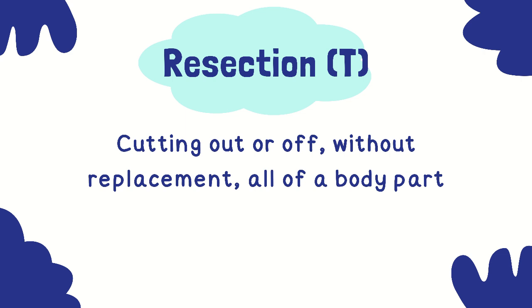So take a look at that, because you heard me say that a lobectomy of a lung could be a resection. And so if that whole body part is taken out, that is a resection. So that respiratory system, you'll see things like upper lung lobe, middle lung lobe, just to name a few.